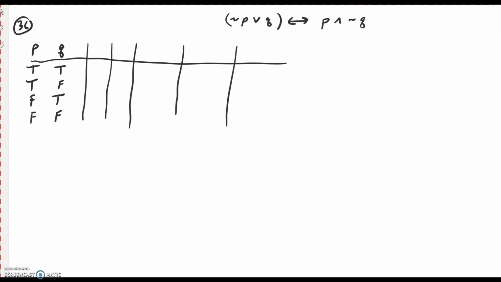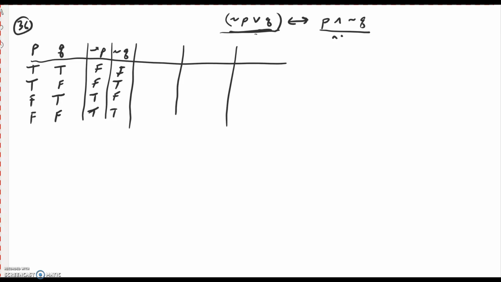So here's our plan to construct the truth table. We're going to do this piece, this compound statement, and this piece, and then we're going to analyze the biconditional by putting a true whenever they're both true or both false, and a false everywhere else, and see what happens. So looking up here, we notice we need the negation of P and the negation of Q. That'll be false, false, true, true, false, true, false, true.